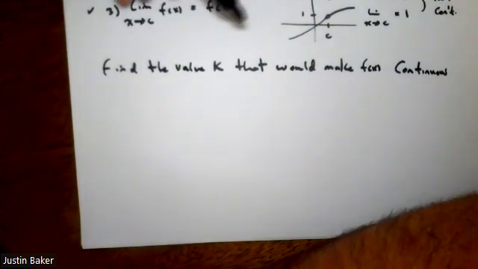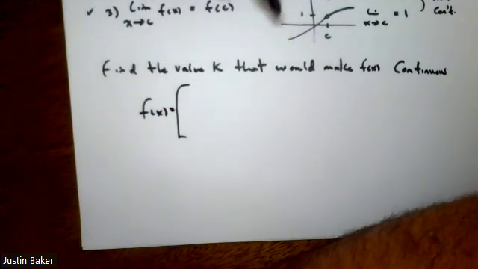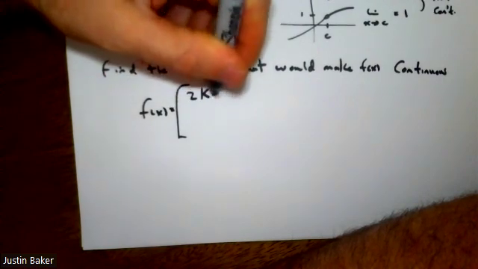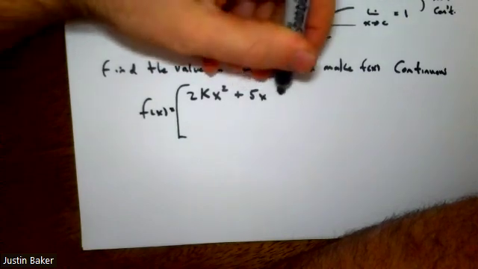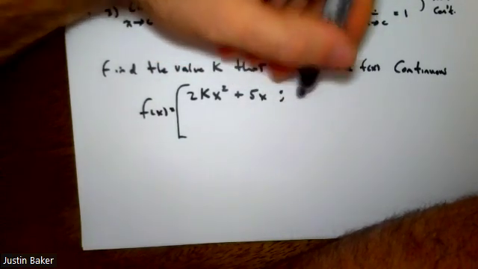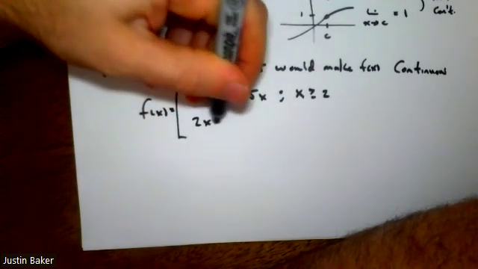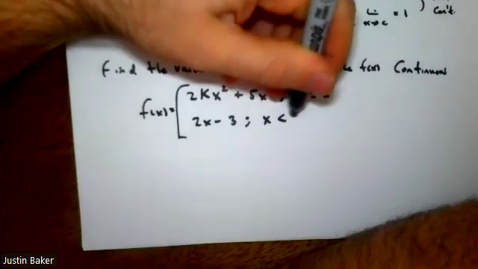All right, and let's say that we have the following piecewise function. F of x is equal to 2kx squared plus 5x, and that is good for when x is greater than or equal to 2, and 2x minus 3, and that's for when x is less than 2.